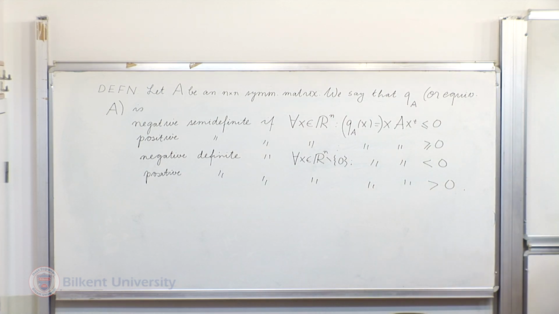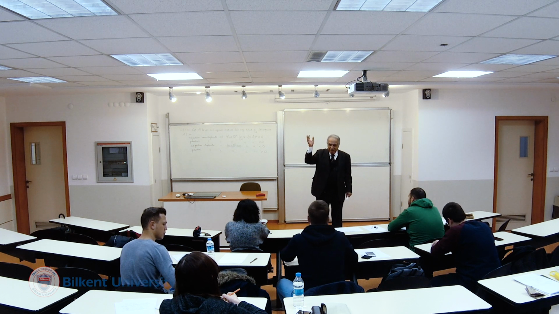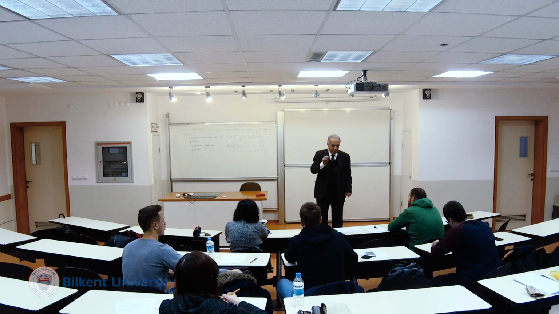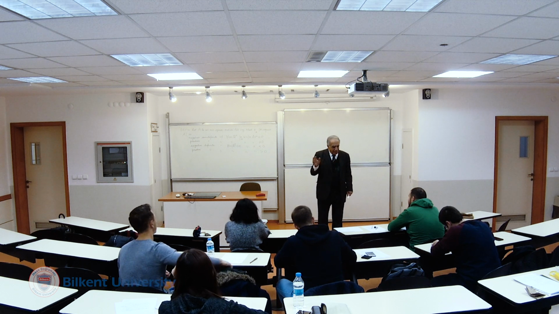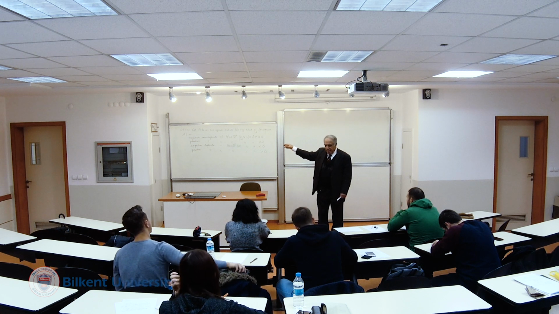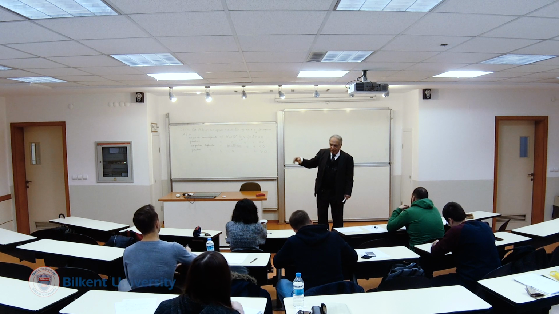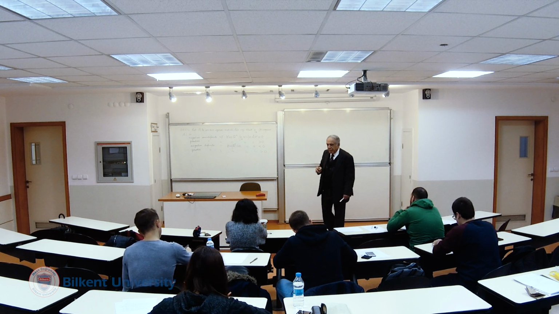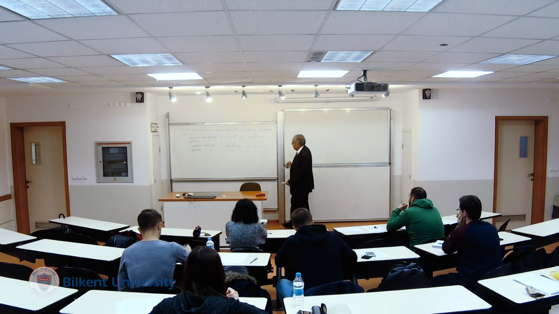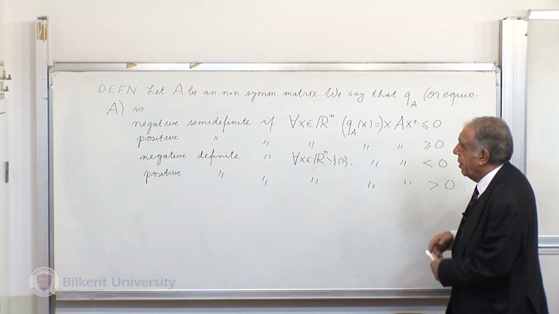Although they're dual to each other, we're interested more in maximizing things, where concavity of a function is to the point, and concavity is actually related to negative semi-definiteness, and we'll see that the strict version of that, strict concavity, will be related to negative definiteness. So that's why we started with this.